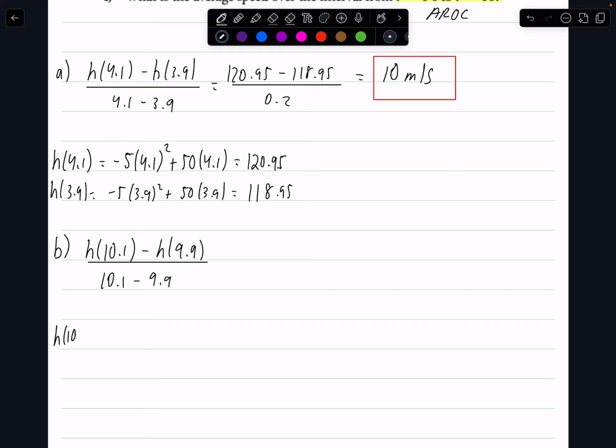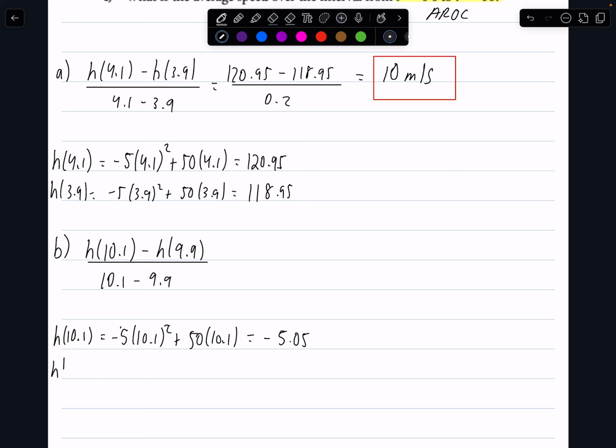So h at 10.1 is equal to negative 5 times 10.1 squared plus 50 times 10.1. So you end up with negative 5.05.